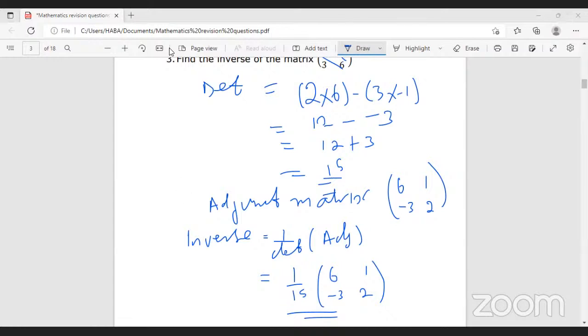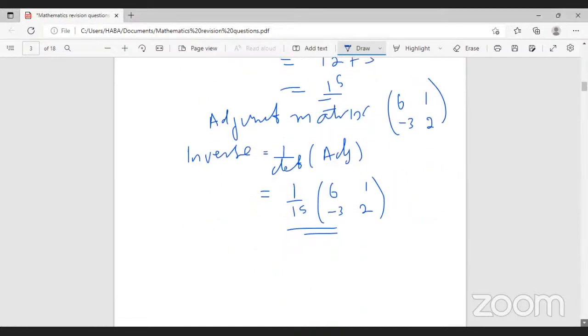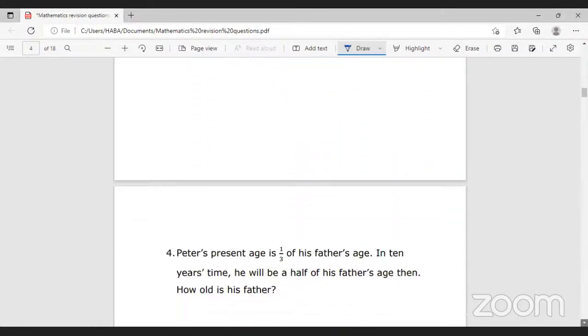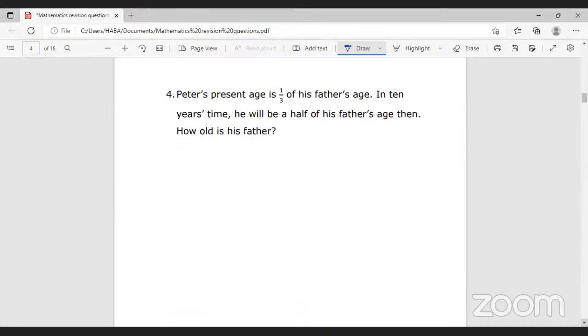I don't know what the problem could be. And we have question number 4. Could you kindly read through it?